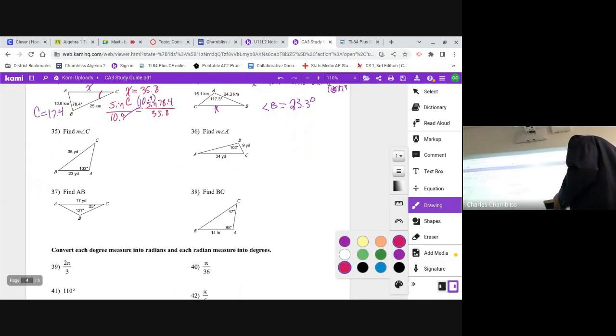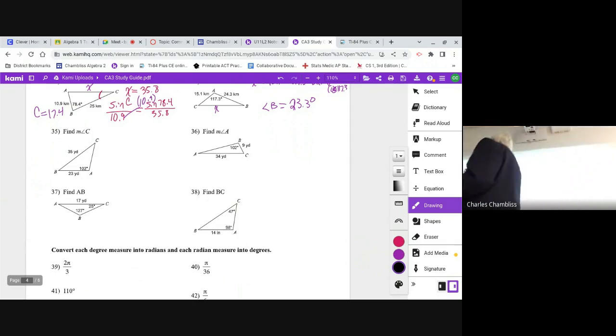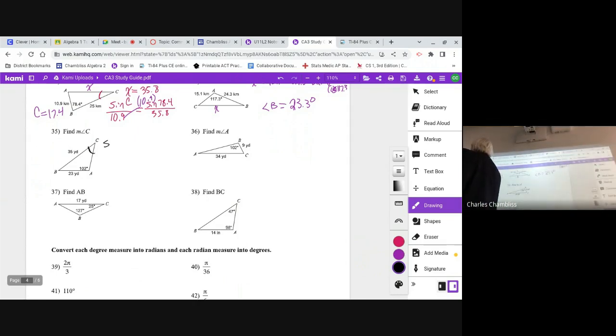You got to, again, use the angle opposite the side. So if I'm looking for angle C, that's going to be sine C over 23 equals sine 102 over 35. So that means sine C equals 23 sine 102 over 35, which means C equals the inverse sine of it.